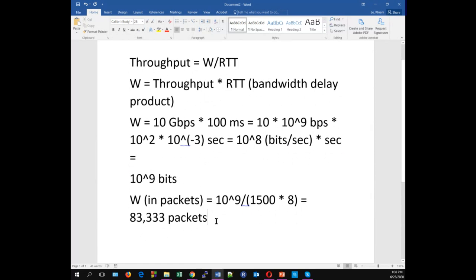Okay, so sometimes the long fat pipes are also referred to as large bandwidth delay product. Bandwidth delay product, right?